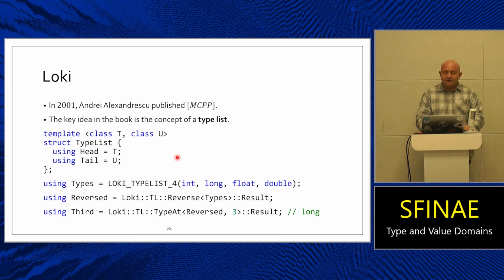The Loki library introduced macros like LOKI_TYPELIST_4, which build such lists, and algorithms like Loki Reverse and Loki TypeAdd, allowing you to reverse the list or extract, say, the search type. And Loki caused a sensation, not because it was immediately practical, it wasn't, but because it showed something entirely new was possible. Types could be manipulated like data.